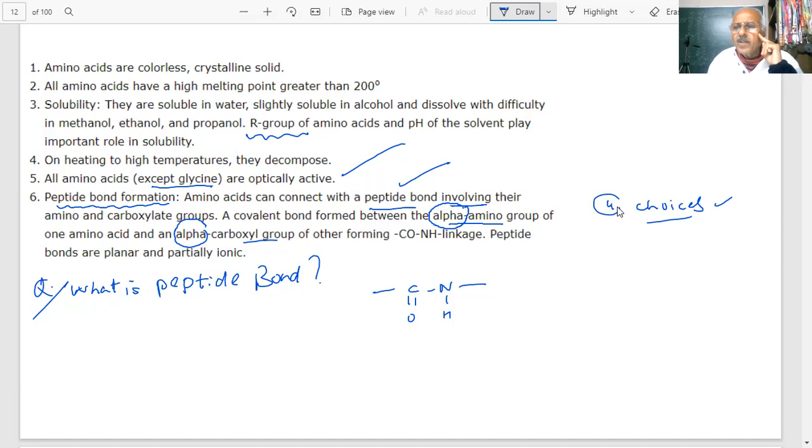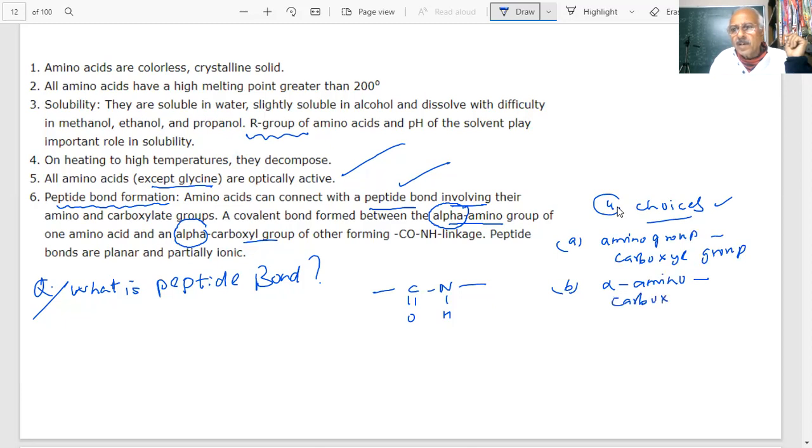This question has been put to the medical students: a peptide bond is formed by amino group of one and carboxylic group of other. Then he says alpha amino group of one and carboxylic of the other.